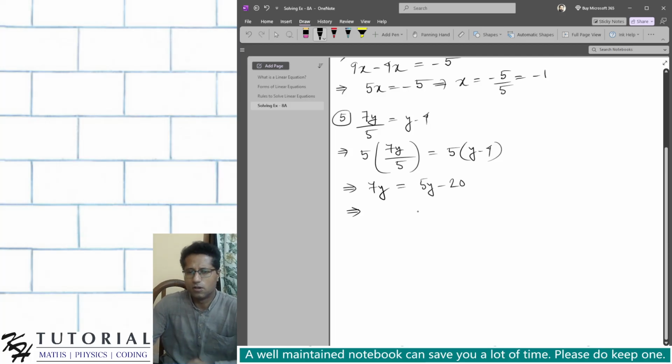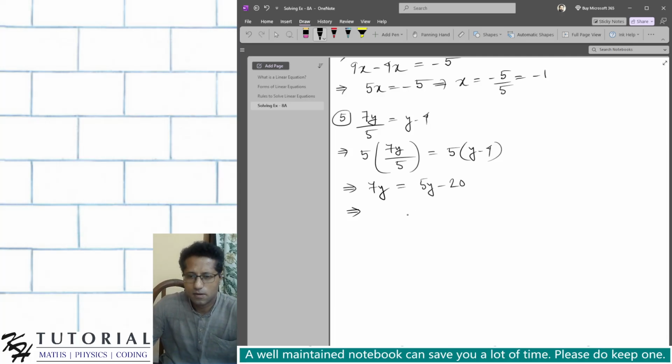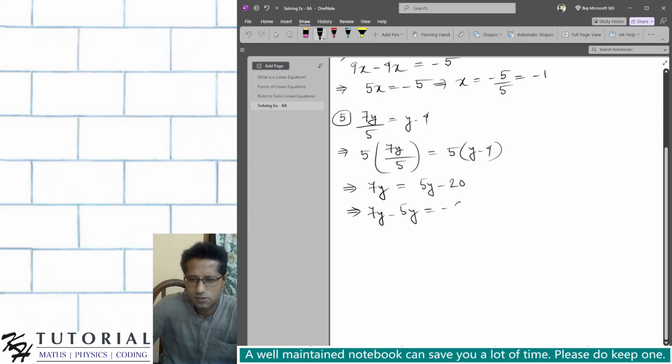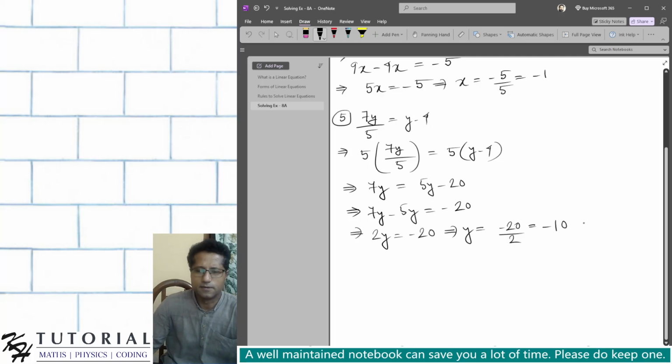I will bring all the variable terms to the left hand side and keep all the constant terms on the right hand side. So this will become 7y minus 5y is equal to minus 20. This implies 2y is equal to minus 20. This implies y is equal to minus 20 by 2, which is equal to minus 10.